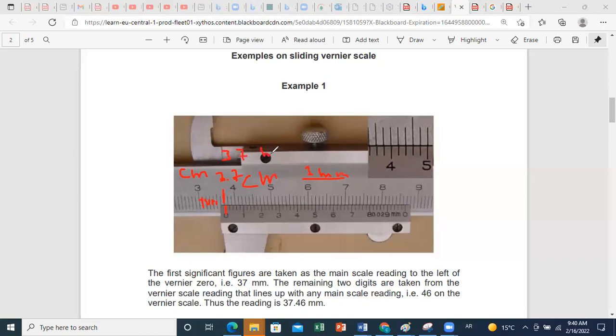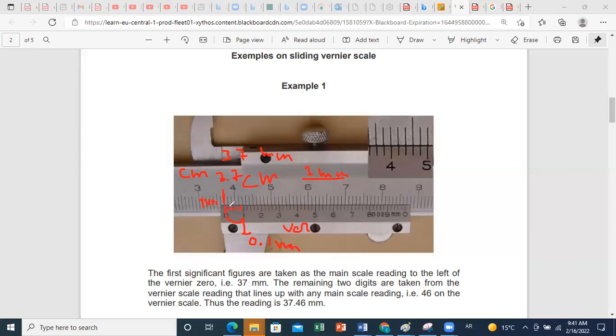Now, if I look at my vernier scale here, it is divided into 50 divisions. Because if you look, you have from 1 to 10 as big divisions, but each division is divided into 5 smaller divisions. So this corresponds to 0.1 millimeter, but this 0.1 millimeter is divided into 5 parts: 1, 2, 3, 4, and 5.